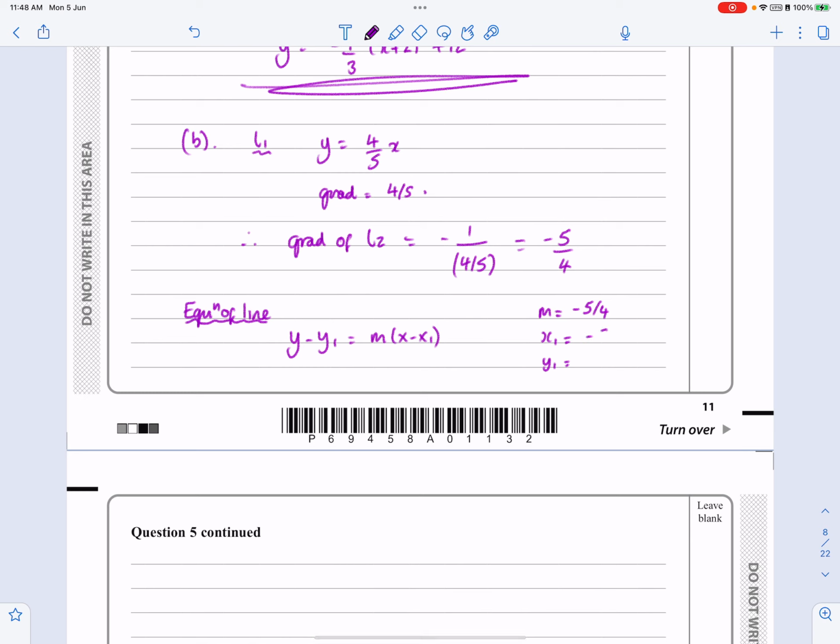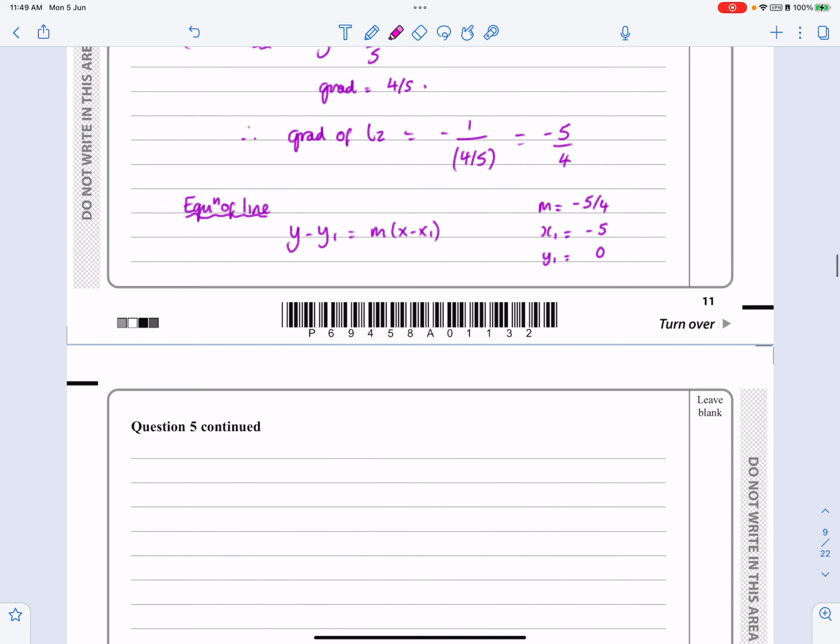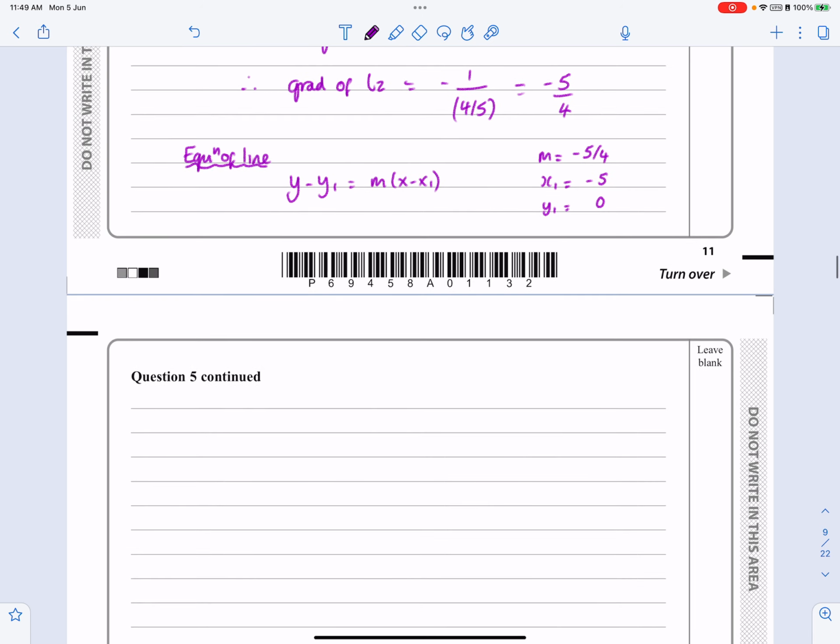So in this equation, I've got the three things that I need. The y and x will just stay as variables. So let's just put everything into that. I've got y minus 0 equals minus 5 over 4 times (x minus minus 5), so be careful with that, x plus 5 there.